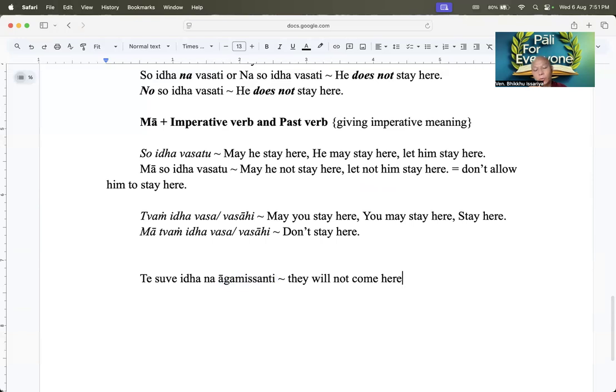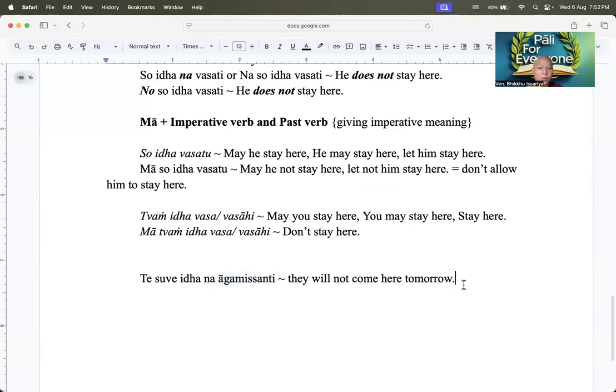Suve means tomorrow. Okay, they will not come here tomorrow. So in this way, you see that the negative not can be found there.